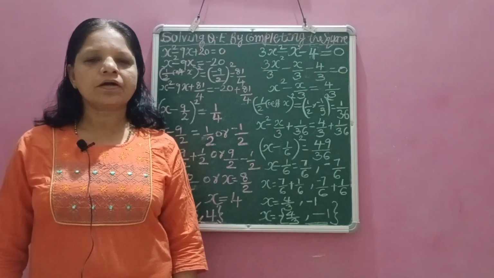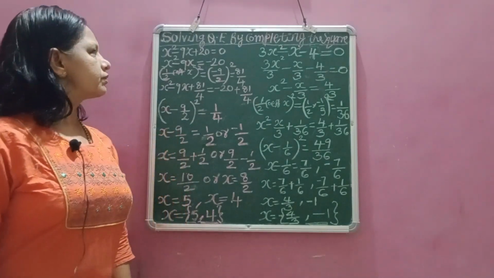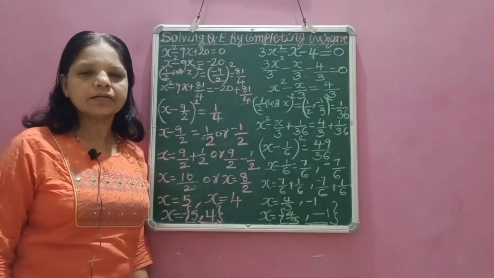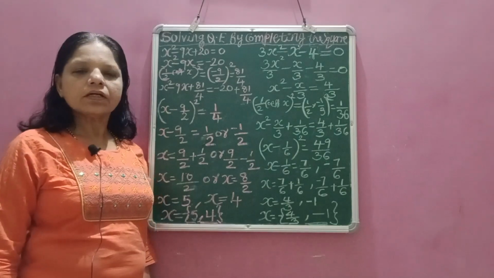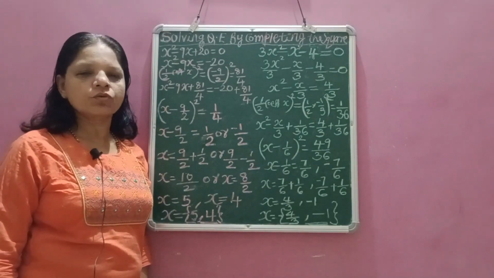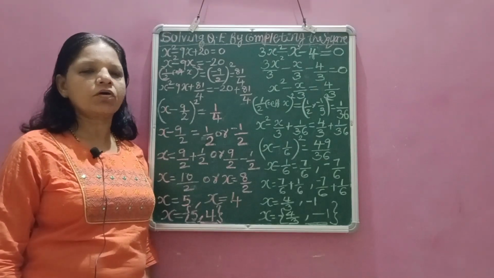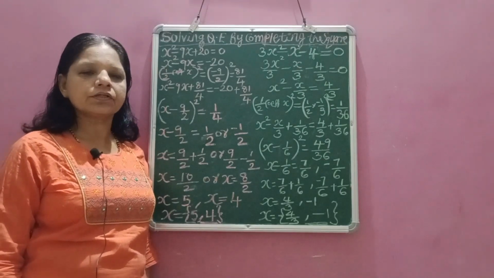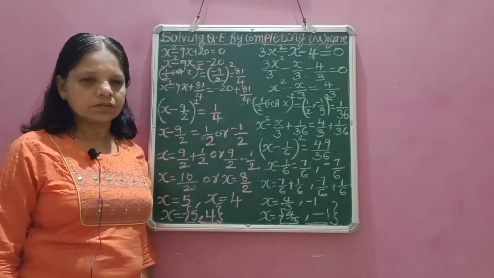So let us start today's lesson with a new topic, that is solving quadratic equations by the method of completing the square. Last class you learned how to solve a quadratic equation using the factorization method.